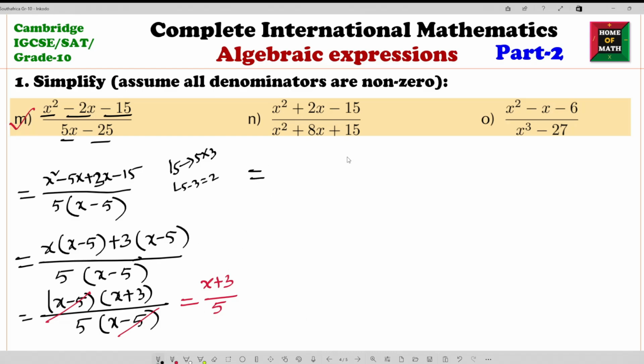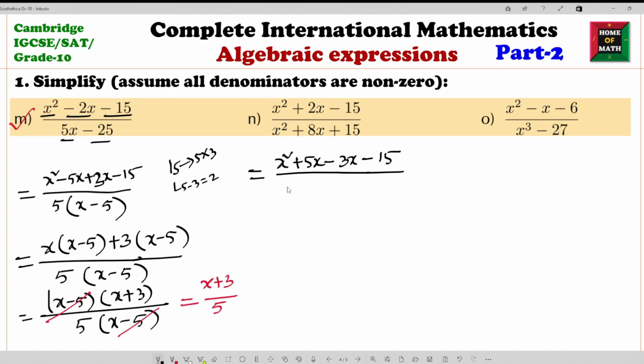Number N. Here is also one fraction, but we have to factorize the numerator and denominator. Similarly, this one we can write x square plus 5x minus 3x minus 15, right? Because 5 times 3 means 15 and 5 minus 3 means 2.